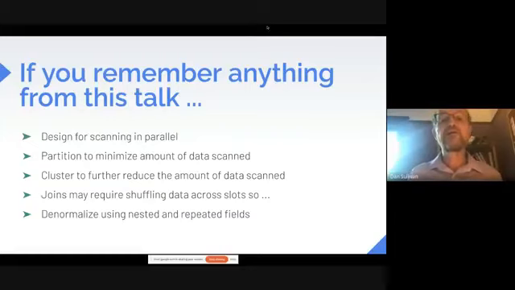But these are best practices, good patterns to use when designing for BigQuery, because BigQuery is built differently from other databases. So we don't want to carry over practices and patterns that were optimized for one type of system in one architecture and bring them over to another architecture where it's not a great fit.